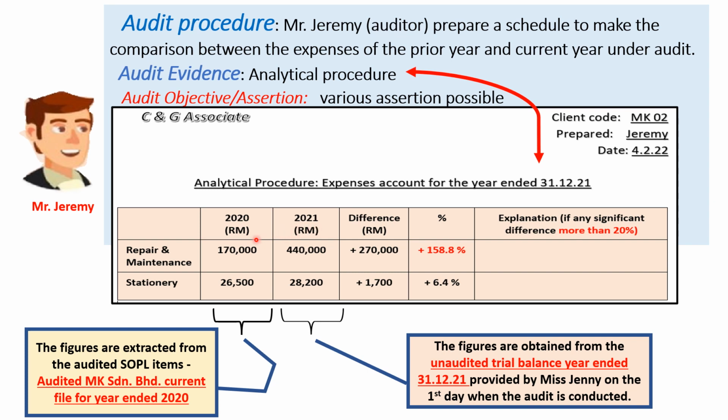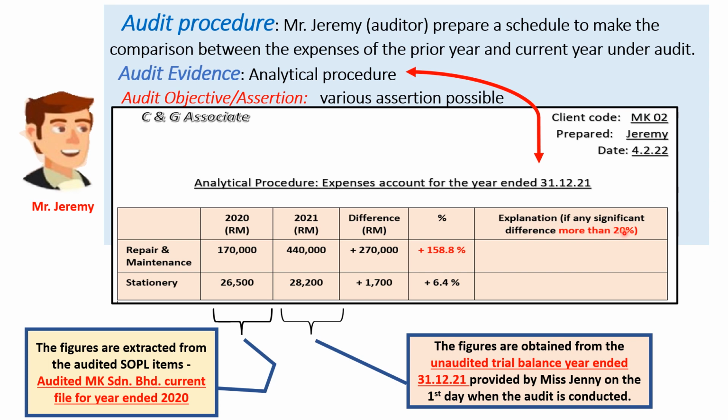The prior year figure is taken from the previous audited file, which is in the custody of the auditor. The current year figure is normally obtained from the unaudited trial balance, which had been provided by Miss Jenny, the client.